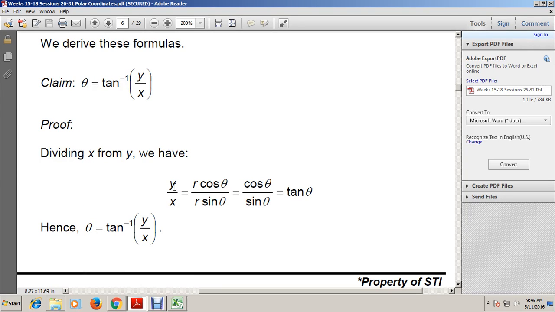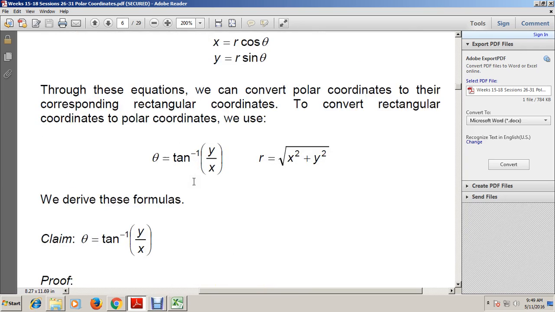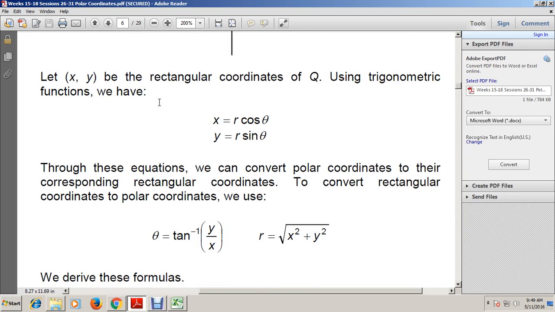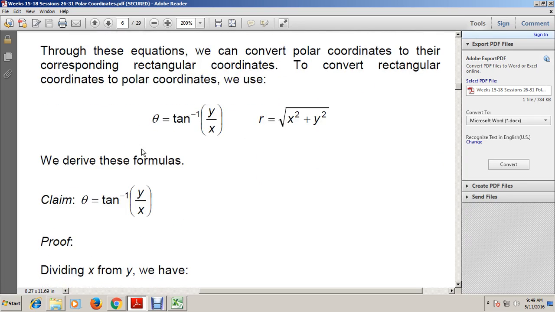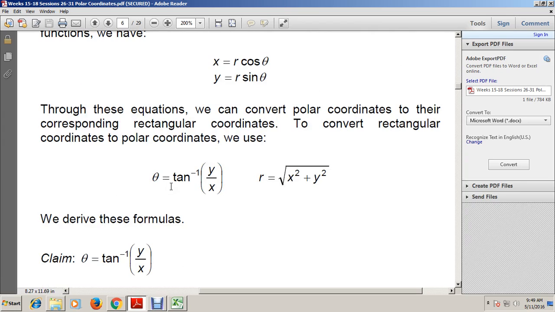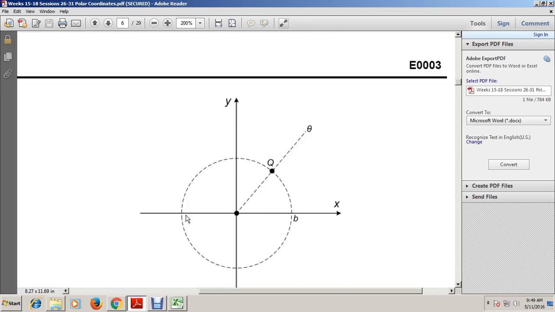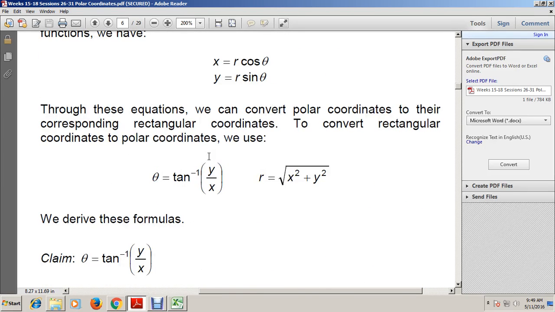Since y is equal to r sine theta and x is equal to r cosine theta, our definition for tangent is equal to sine over cosine, which is y over x. That is why the formula for the inverse tangent is y over x.